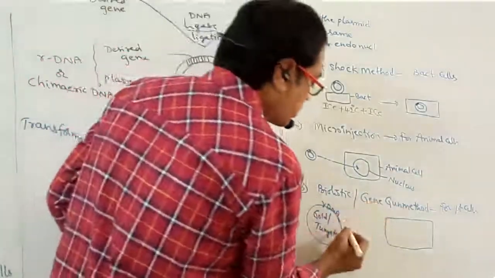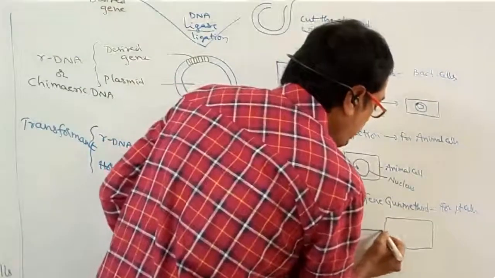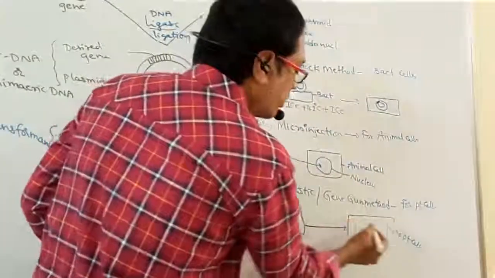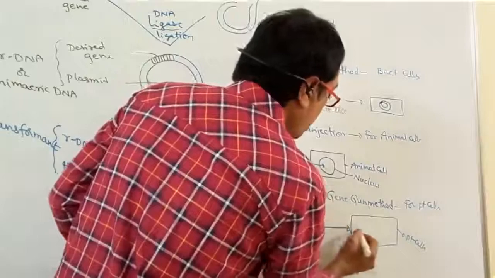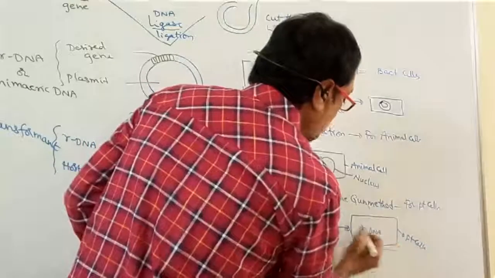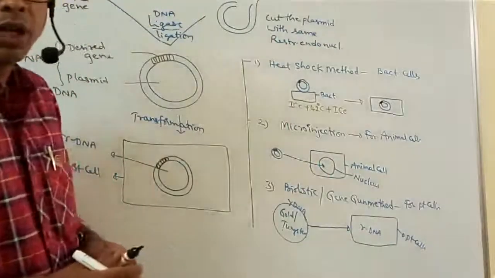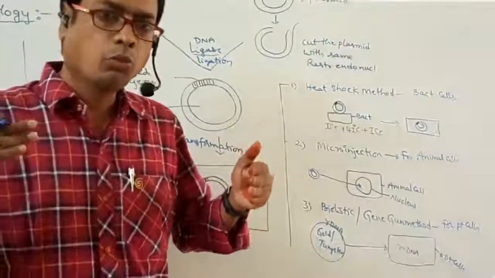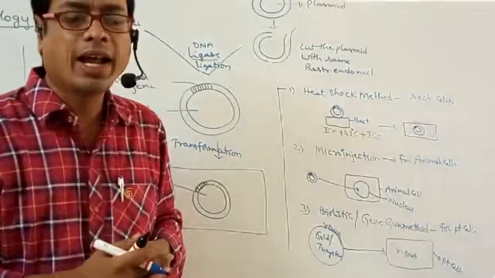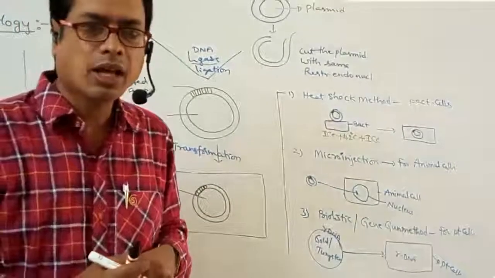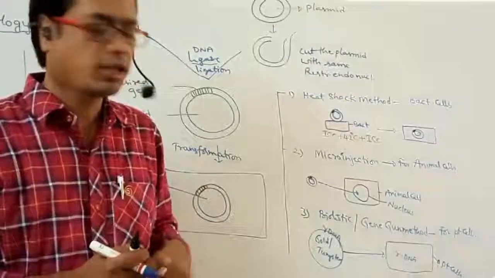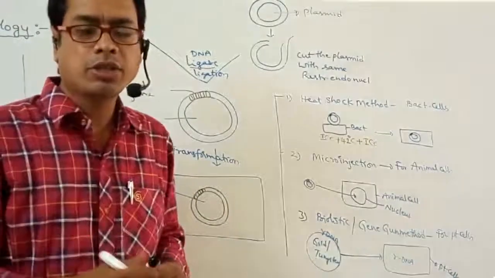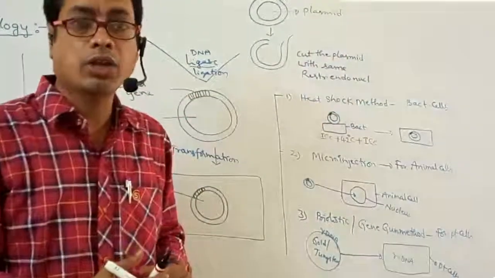When these are released, meaning when these are bombarded into the plant cell, this rDNA enters into the plant cell. By which method? That is biolistic or gene gun method. Like a bullet, this rDNA enters into the plant cell. The microparticles used are gold or tungsten, because these are high velocity microparticles.